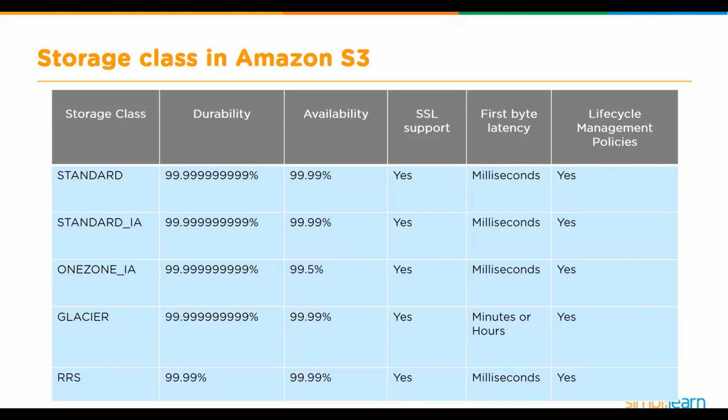All of these products support SSL connection, and most of them provide access with millisecond first byte latency, except for Glacier. It provides a retrieval time of a couple of minutes to a maximum of hours, and all of them can be used for lifecycle management, moving data from one storage tier to another storage tier. That's possible with all of these storage options.